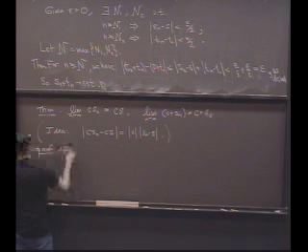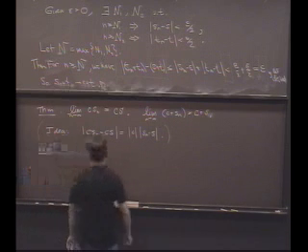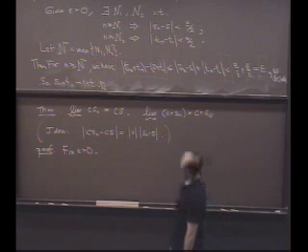Yep, given, or sometimes we just tell the reader we're going to start with an epsilon, fix epsilon bigger than 0. It's an alternative way of saying this, doing the same thing.